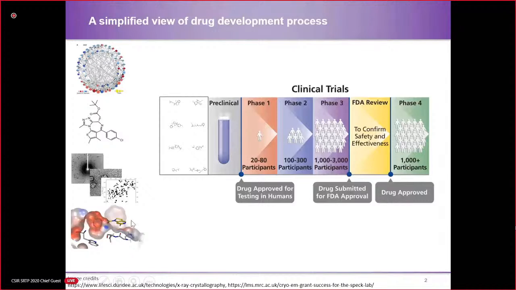And then you use some biophysics to find some of the compounds which are hits or leads against your target of interest.